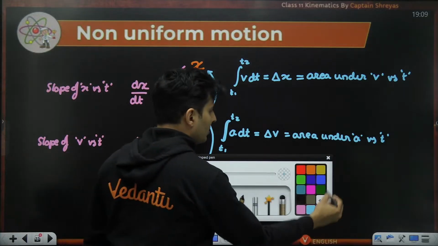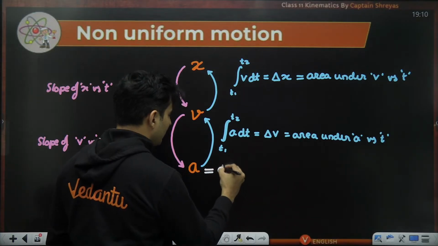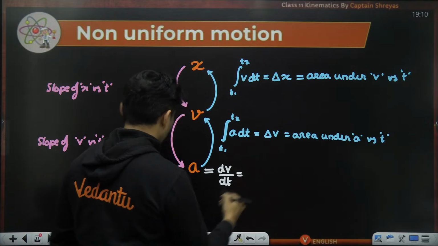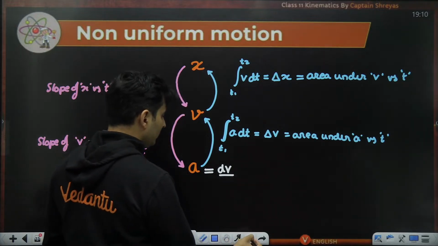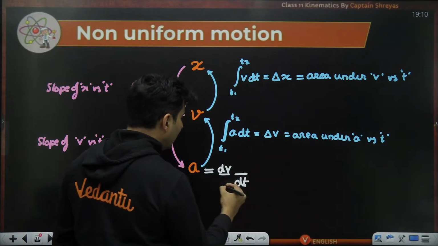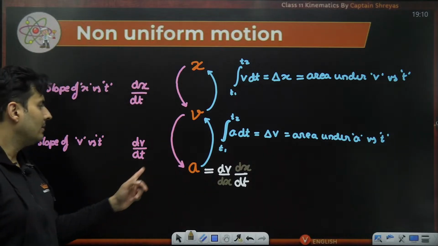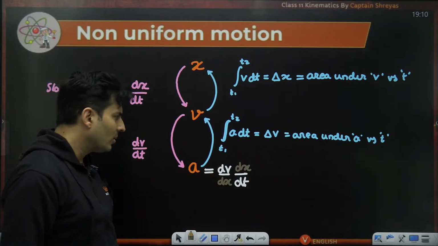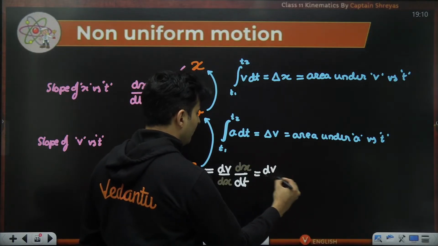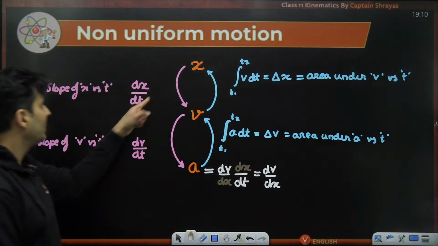And one extra piece of information, sometimes you might also have to write acceleration as dv by dt, which is also dv by dx into dx by dt. So dv by dt was there, but if you deliberately write dx, then it will just become dv by dx, and this dx by dt, what is dx by dt?